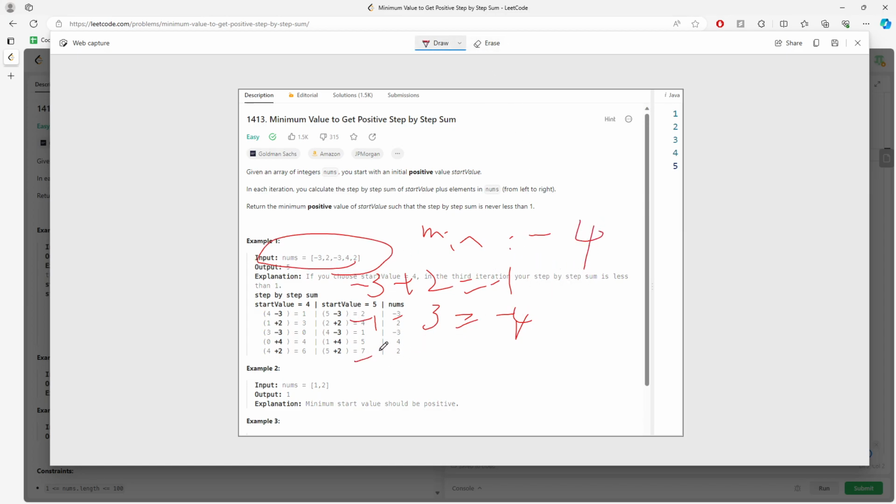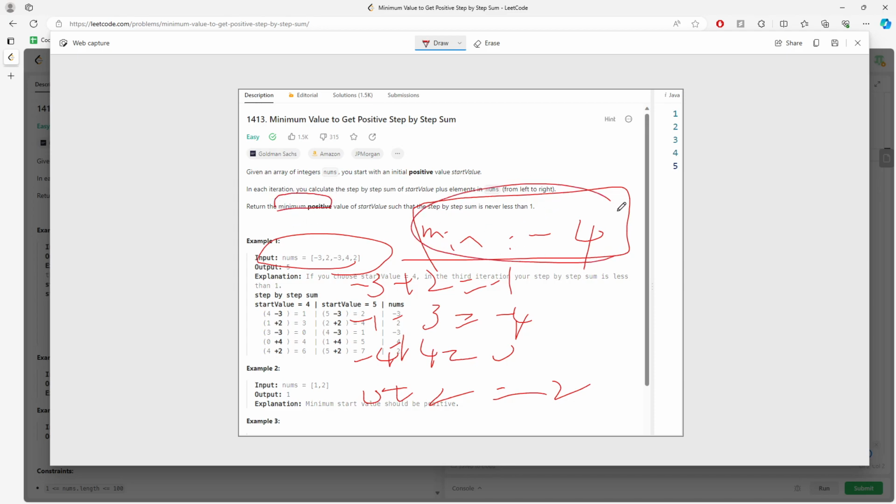-4 plus 4 is 0, and 0 plus 2 is 2. So the min is -4. We need to start at the minimum positive value, so we need this number to be at least 1. Basically, we take the minimum value and negate it.